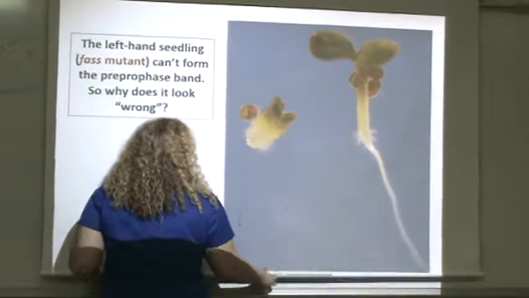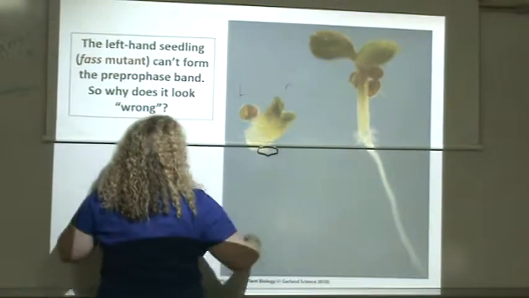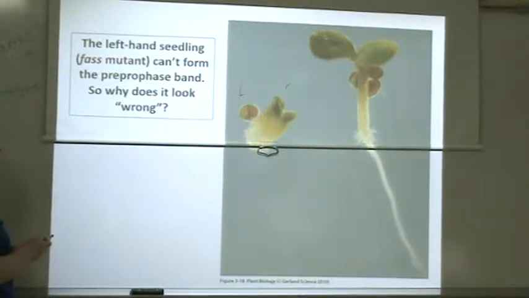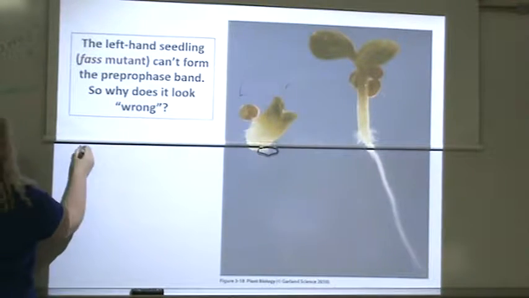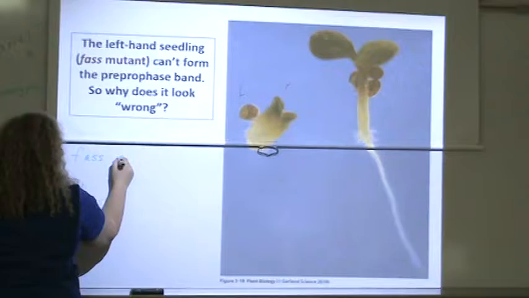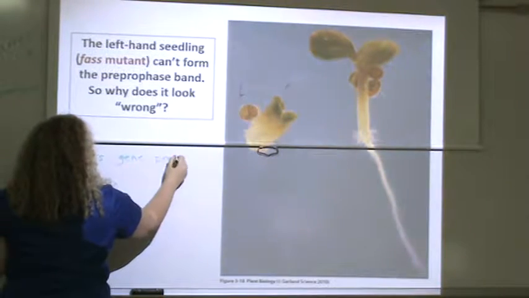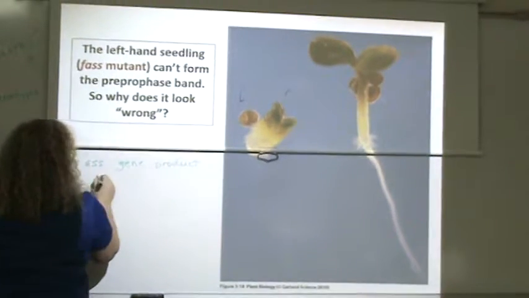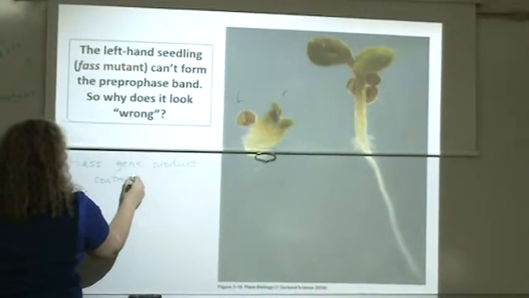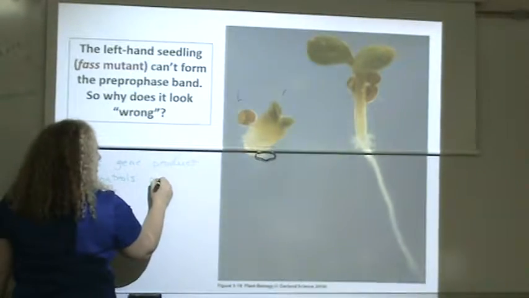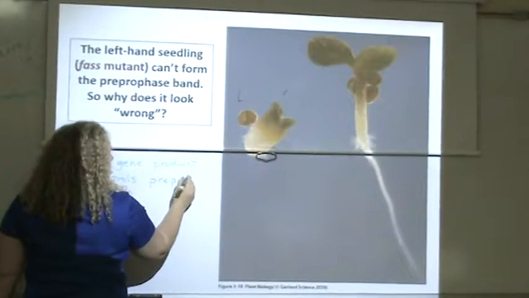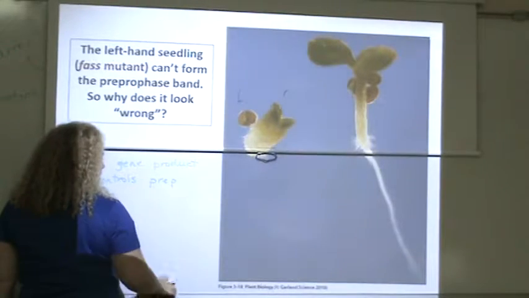So the reason that it doesn't look like a normal seedling is that what the FOS gene controls, its gene product controls the pre-prophase band formation.